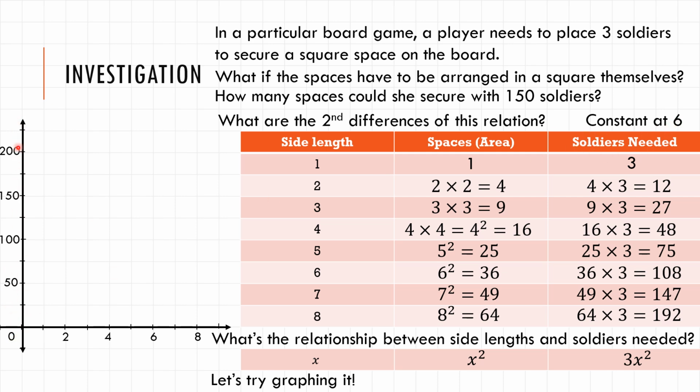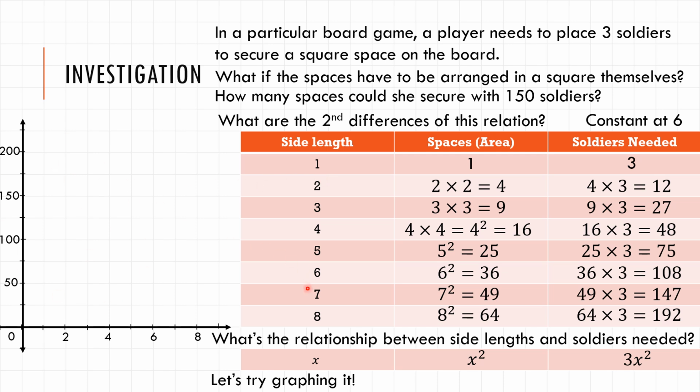That needs to have space all the way up to 192. This is a really critical piece in graphing relations. When you are sketching out a graph, you need to make sure your x and y axes have enough space to contain all of the points in your table of values. And I know that mine does.